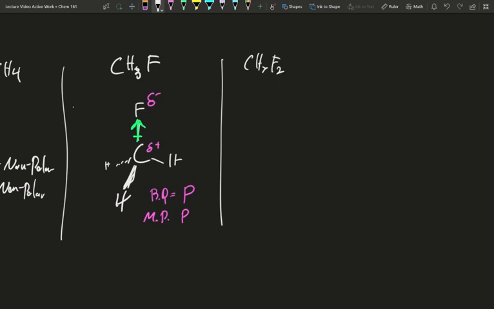CH2F2. I have a carbon to a fluorine, to a fluorine, to a hydrogen, to a hydrogen. In this case, I still have bond polarity. So I go up, but I also go down and to the right a little bit. Net effect is they didn't perfectly cancel. From my start point to my end point, there is a path. My real polarity runs right in the middle of them.